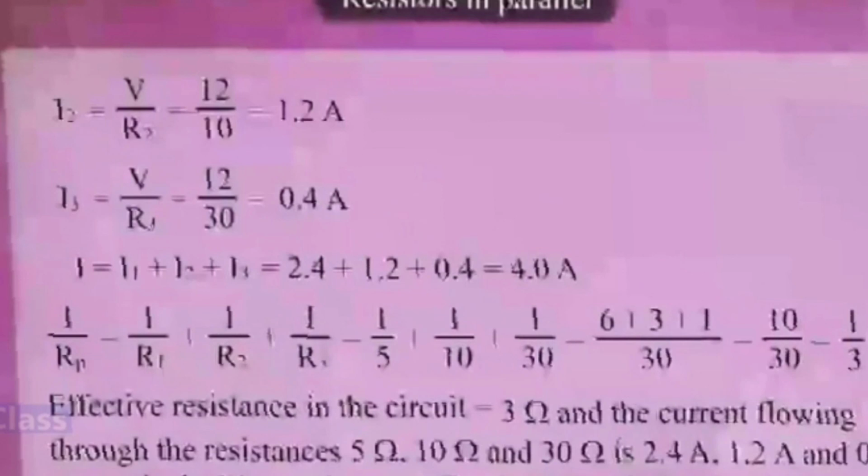And 1 upon Rp is 1 upon R1 plus 1 upon R2 plus 1 upon R3, which is 1 upon 5 plus 1 upon 10 plus 1 upon 30. So 6 plus 3 plus 1 upon 30, 10 upon 30, which comes out to be 1 upon 3.